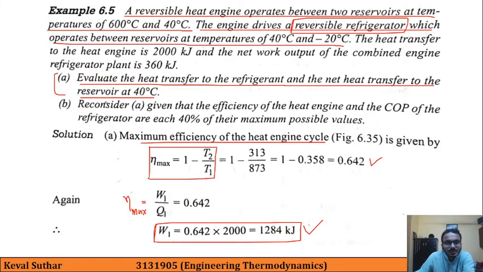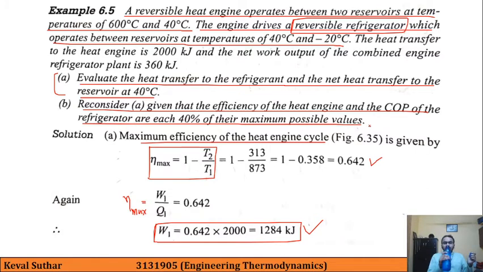Now the second portion is to reconsider part A, given that the efficiency of the heat engine and the COP of the refrigerator are 40 percent of their maximum possible values. So now the change which is coming is in the calculation of maximum efficiency that we did.